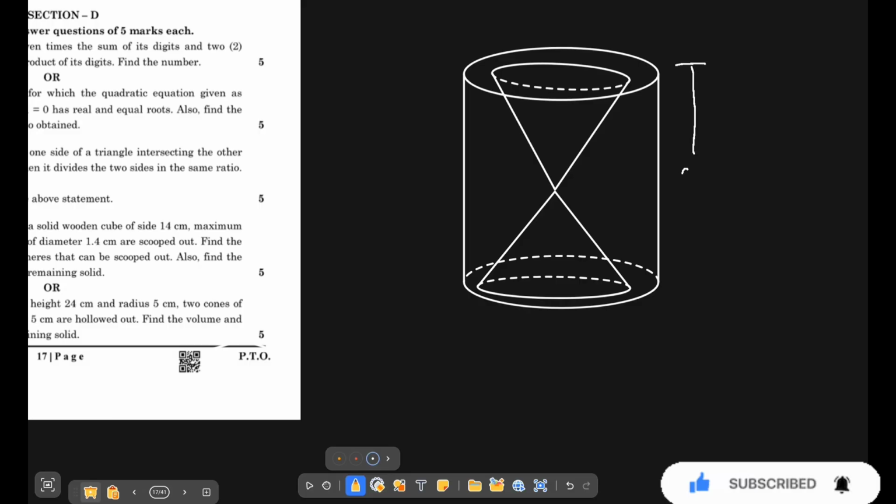So this height is 24 centimeters, and it is given that its radius is 5 centimeters.